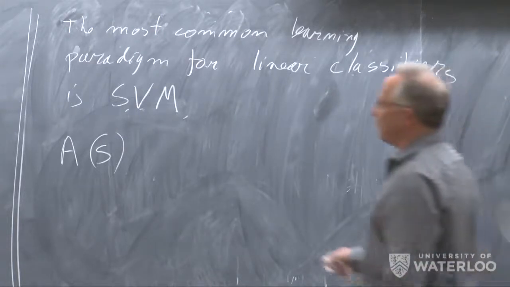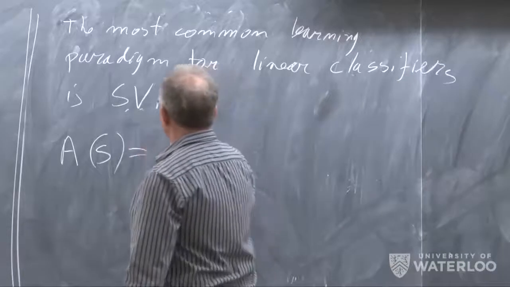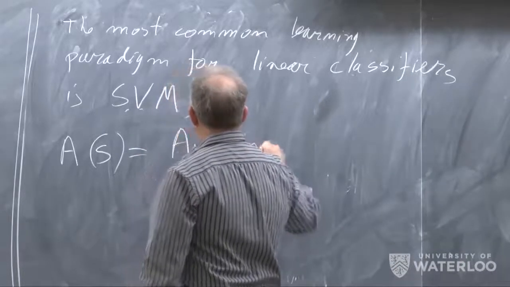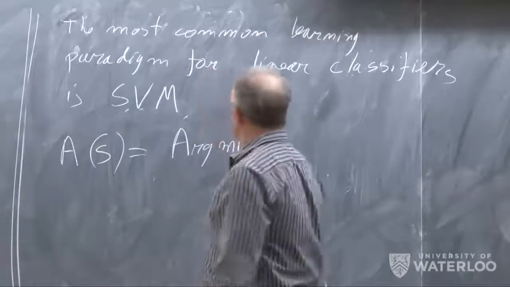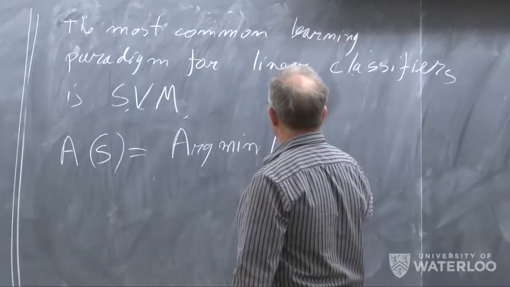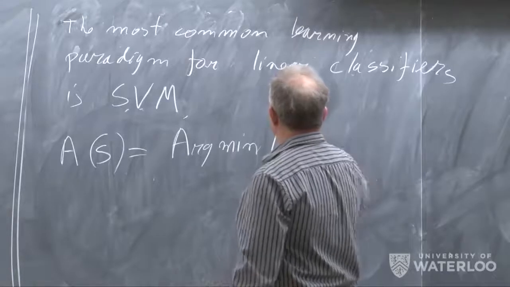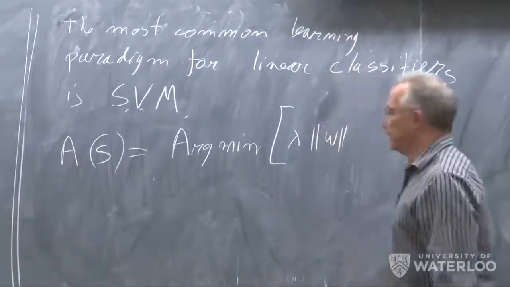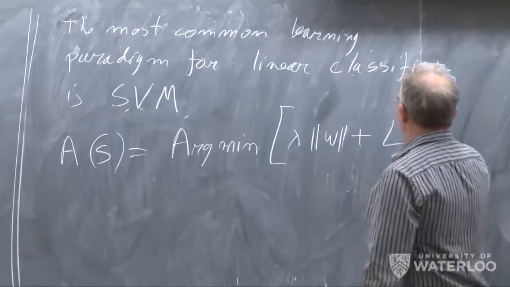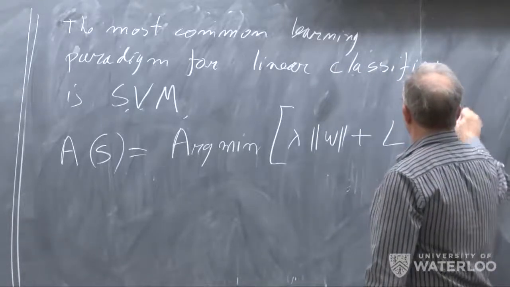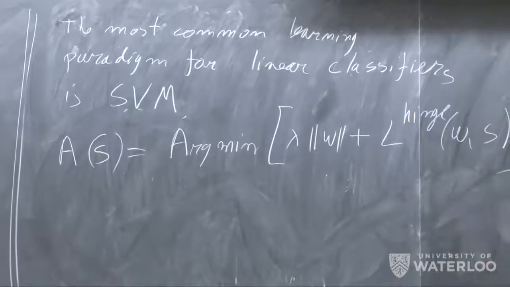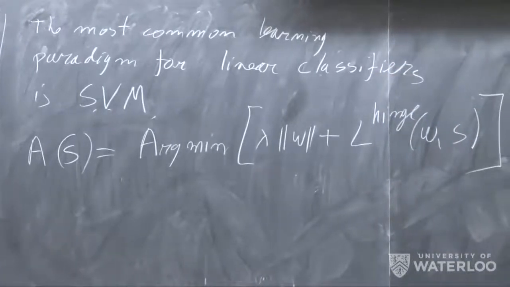The half space that I'm trying to find is the argmin of the following: I'm trying to minimize some parameter lambda times the norm of W plus L hinge of W on S. This is what my paradigm is trying to minimize.